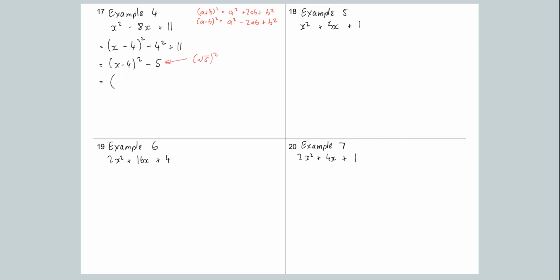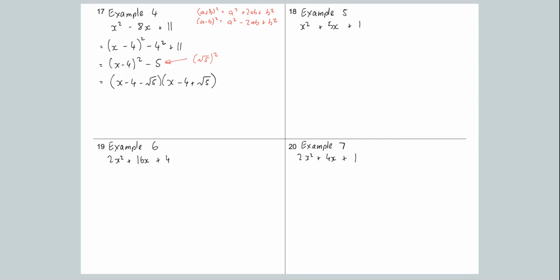So 5 is the square root of 5 squared. Due to that, if I wanted to, I could turn this into a difference of 2 squares. Rarely do I want to, but I just wanted to point out that it is possible to do so. Okay, so that's example 4 done.